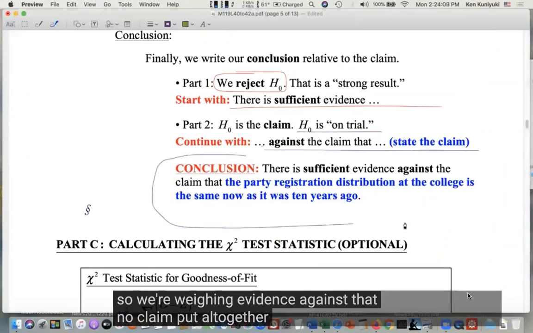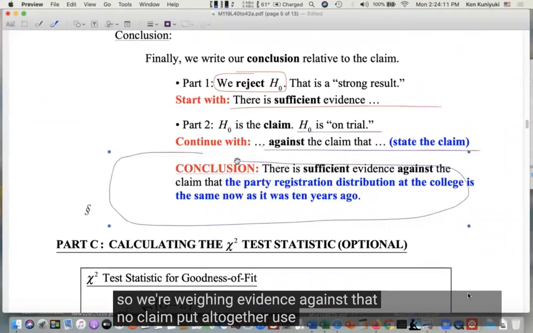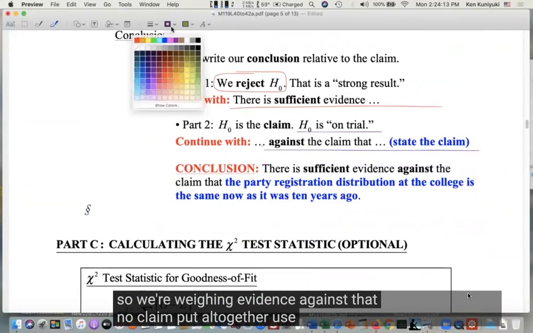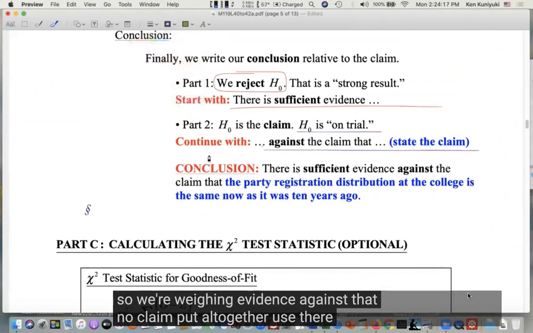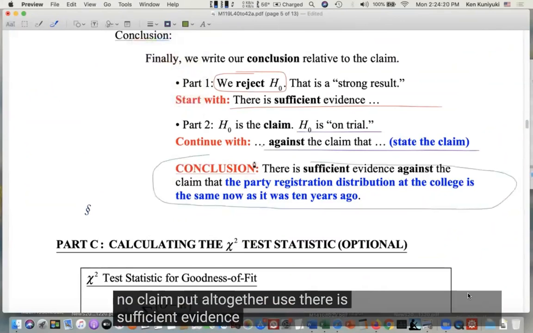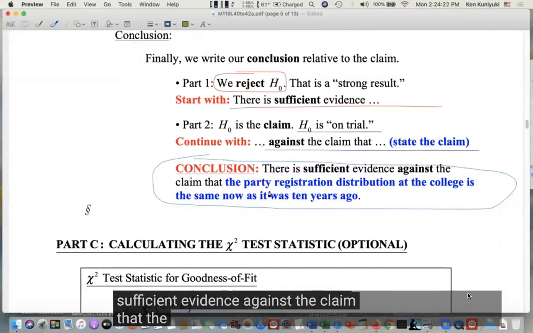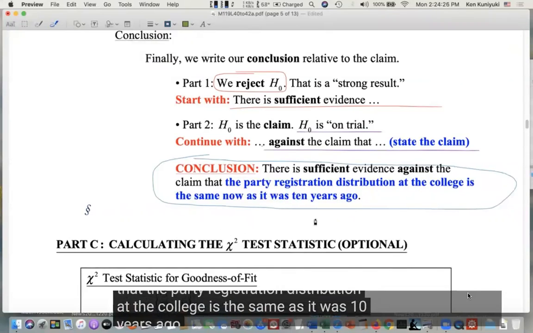Put it all together: there is sufficient evidence against the claim that the party registration distribution at the college is the same as it was 10 years ago.